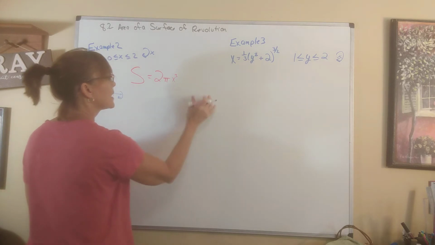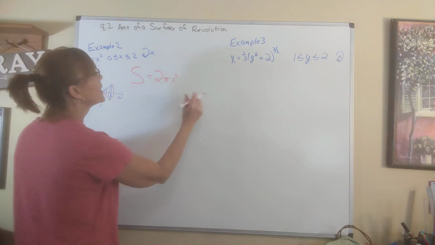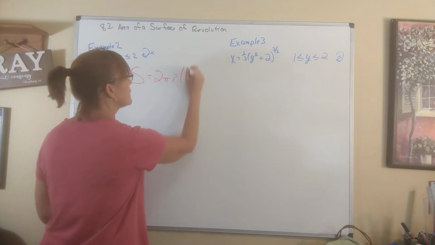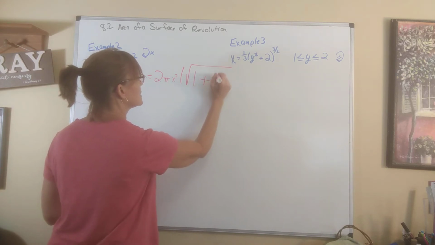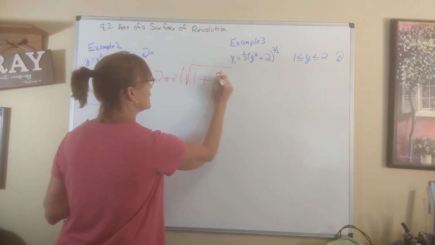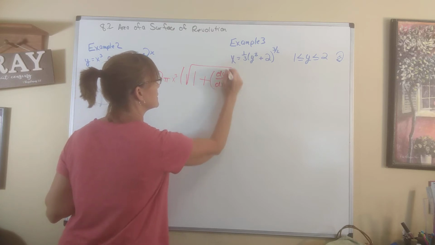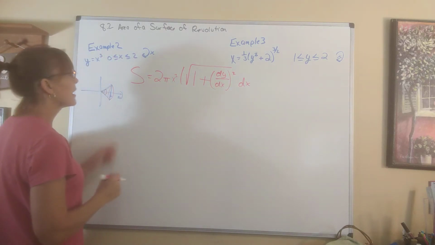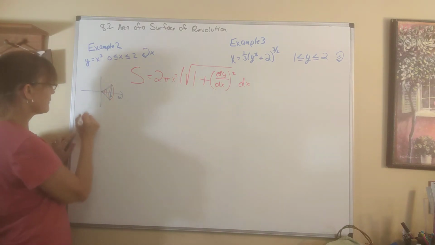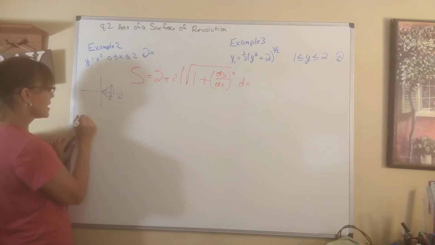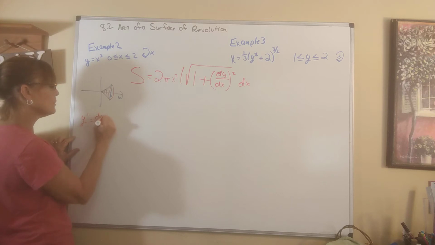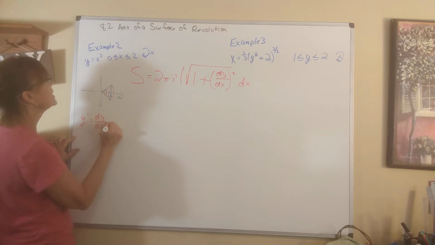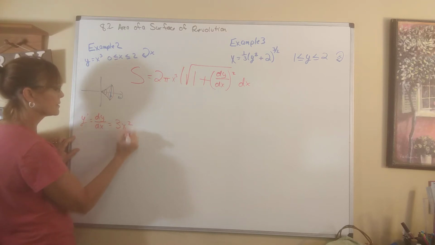Okay. And my arc length is going to be the square root of 1 plus dy dx squared dx. So let's go ahead and figure out what is the derivative of this. So y prime, which is also known as dy dx, is equal to 3x squared.